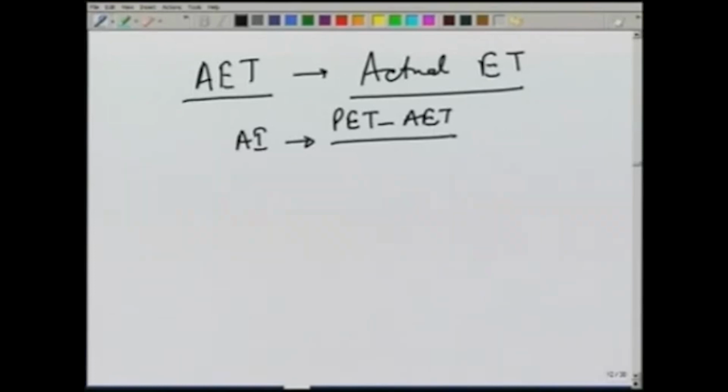So, if PET is the potential evapotranspiration, AET is the actual evapotranspiration, then the deficit as a percent of PET, this is an alternative definition of the aridity index. In fact, there are 5 or 6 different kinds of definitions for the aridity index, and we will just go over these two and will not discuss the other definitions here. So, this is about the drought, which is of 3 kinds and can be specified based on these indexes.